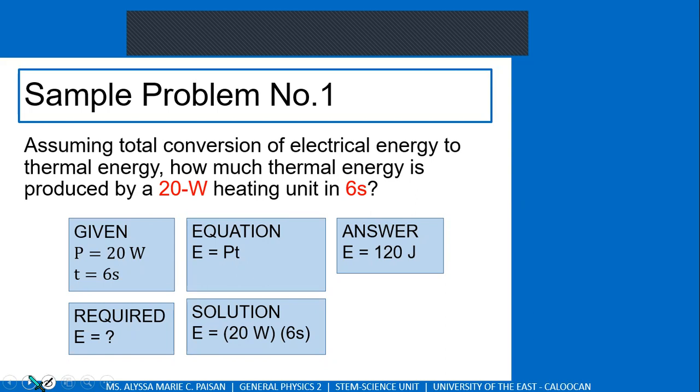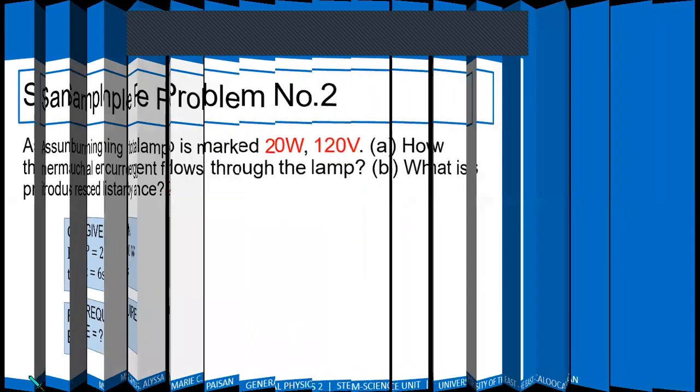So, hindi lahat yon ay nagagamit para painitin yung room. Some of it are wasted tapos napupunta siya outside the room. Hindi 100%, hindi total conversion. Okay? So, ganun sa lahat ng totoong circuit. Hindi lahat ng input mo na energy, yun din yung output na energy. Laging may nasasayang. Okay? Ayan.